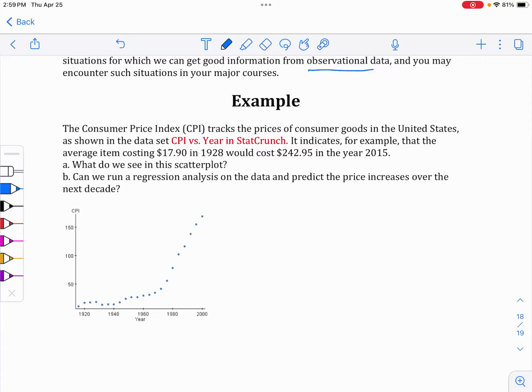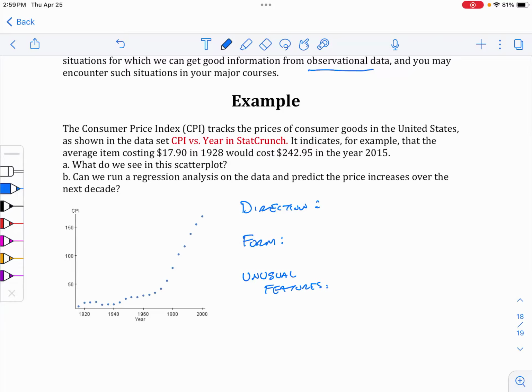When we describe, we identify three things: direction, form, unusual features. So the direction.